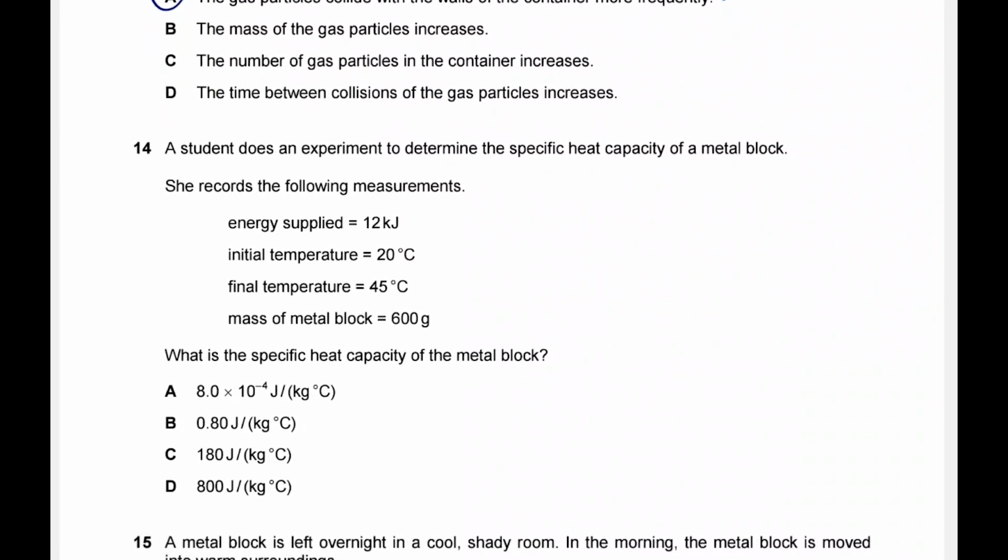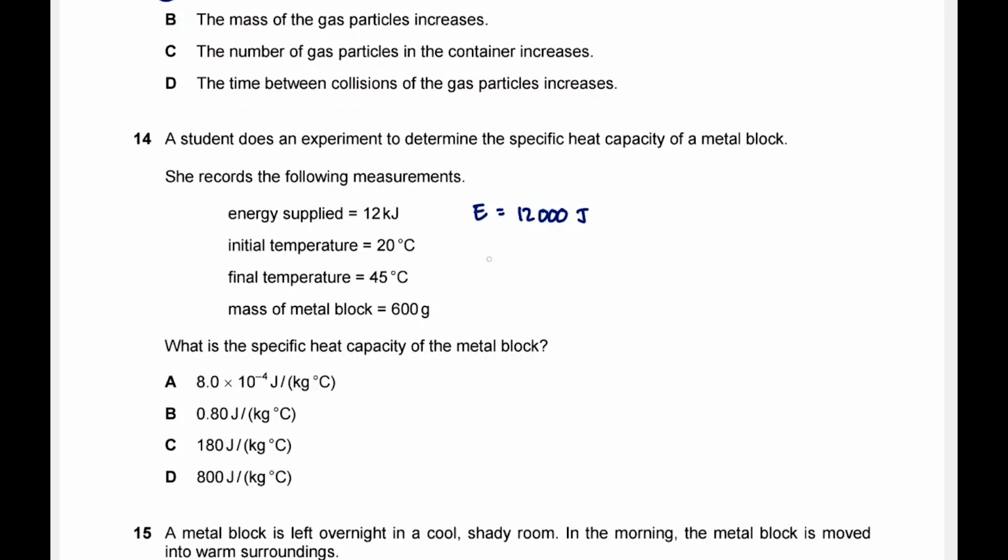Okay, 14. A student does an experiment to determine the specific heat capacity of a metal block. She records the following measurements. Energy supplied is 12 kilojoules. Let's just convert it directly to SI units, so 12,000 joules. Initial temperature is 20 degrees Celsius and final temperature is 45 degrees Celsius.